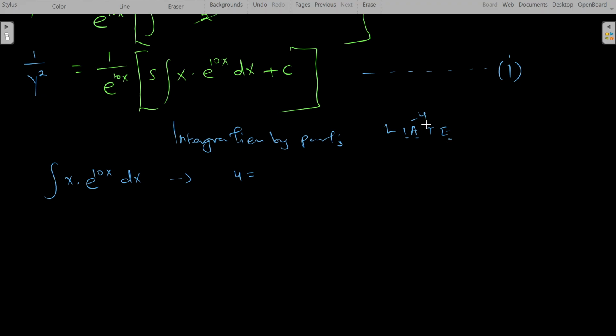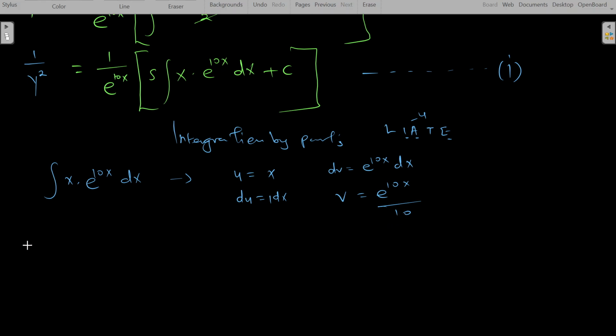So I'll take my u as x. Automatically, I'll find my du as just 1 dx. If I take my dv to be everything remaining inside the integral, which is e raised to 10x dx, and perform the integration, I should get e raised to 10x divided by 10. This is my v.